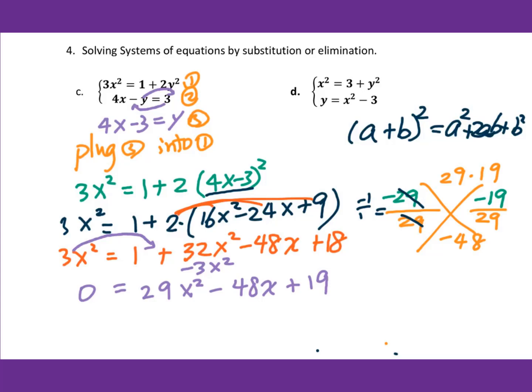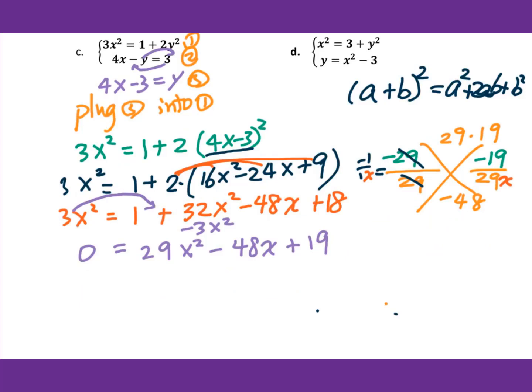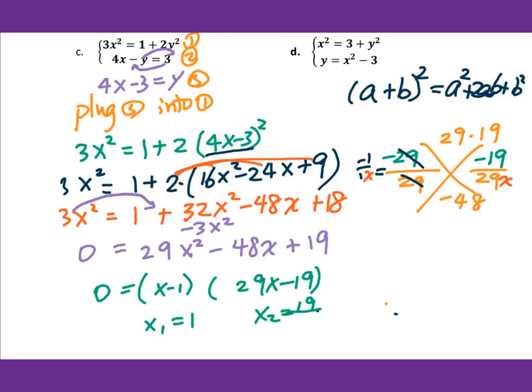Variable will be x. Therefore, you will get the factors x minus 1 and 29x minus 19 equal to 0. x1 equals 1, x2 equals 19 over 29.